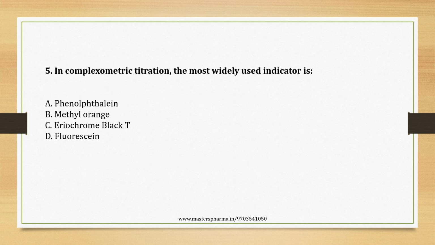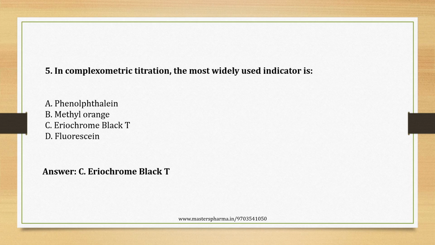The next question. In complexometric titrations, the most widely used indicator is: Option A, phenolphthalein. Option B, methyl orange. Option C, Eriochrome Black T. Option D, fluorescein. Here the correct option is option C, Eriochrome Black T. In complexometric titration, especially in EDTA titrations, the most commonly used indicator is Eriochrome Black T. It forms a wine red complex with metal ions like calcium and magnesium.